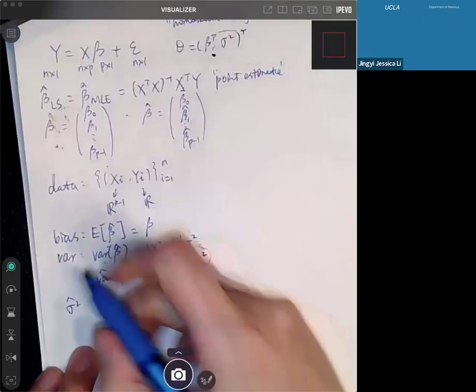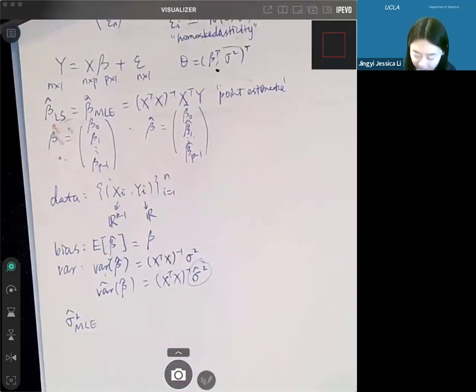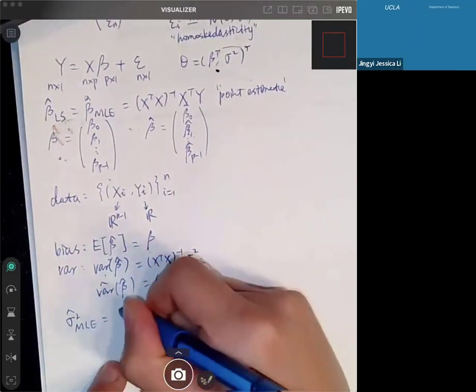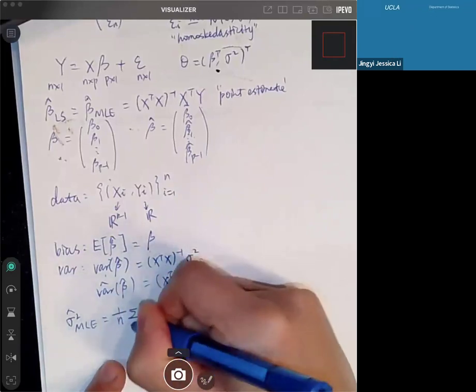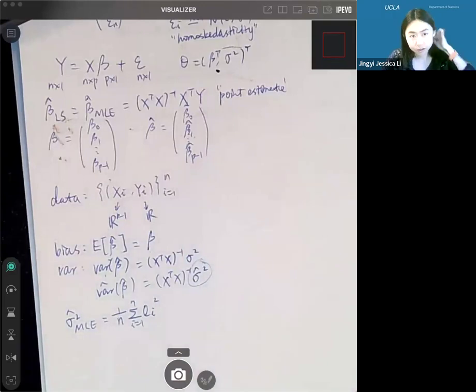If it's the MLE, we can show that it's defined as the square of the residuals e_i, and then averaged.